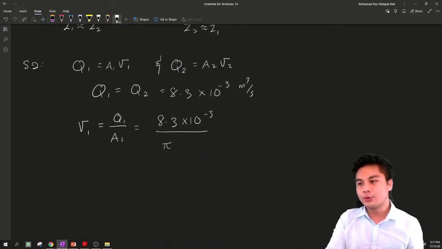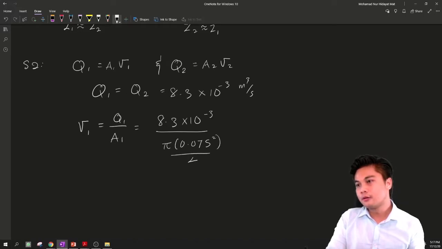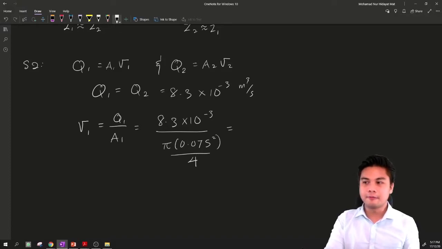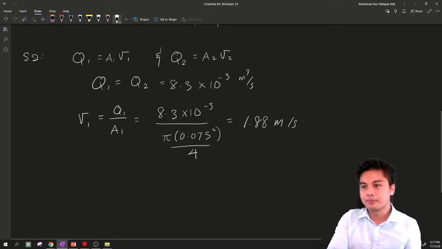Convert to SI units, it becomes pi times 0.075 squared over 4. Try to simplify using your calculator. You will get the final answer of 1.88 meters per second.